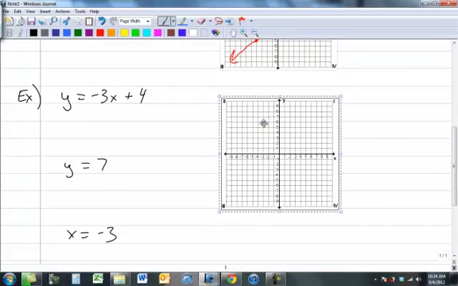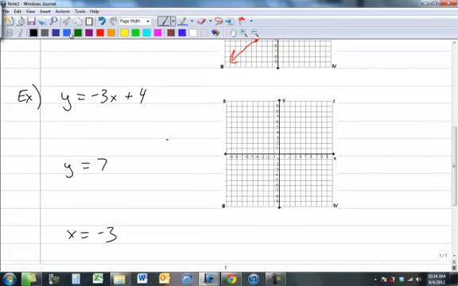All right, so the slope here is -3, and b is the point 0,4. So plot the point 0,4. The slope is -3. Now remember, this is rise over run, so this is -3 over 1.